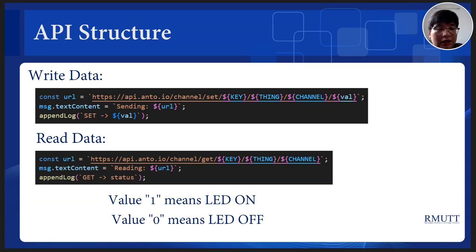The API URL includes the API key, thing name, and the channel name. When the value is set to 1, the LED is turned on. When the value is set to 0, the LED turns off. This useful API standard makes communication simple and efficient.